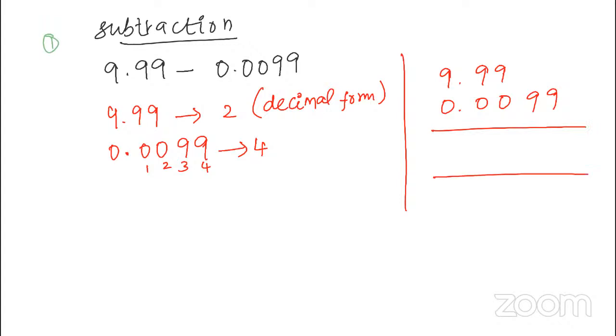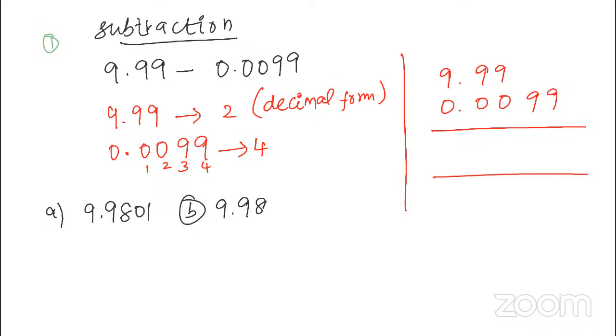Right. So here they have given the answers. Option A is 9.9801 and option B is 9.98.